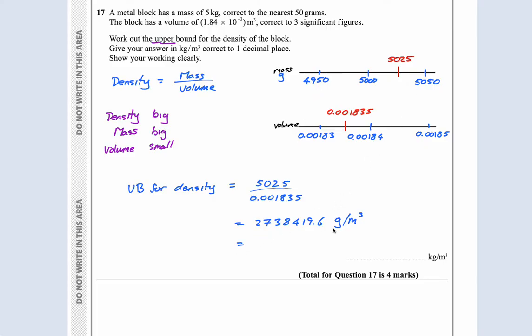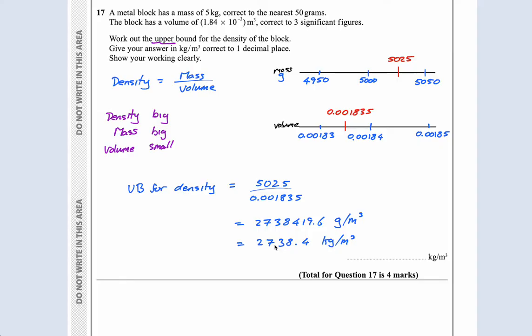Now, how many grams in a kilogram? Well, there's 1,000. So if this is 2738419 grams per meter cubed, it's 2738.4 kilograms per meter cubed. How did I do it? Well, I divided by 1,000, because I'm changing grams into kilograms, so I'm dividing by 1,000.